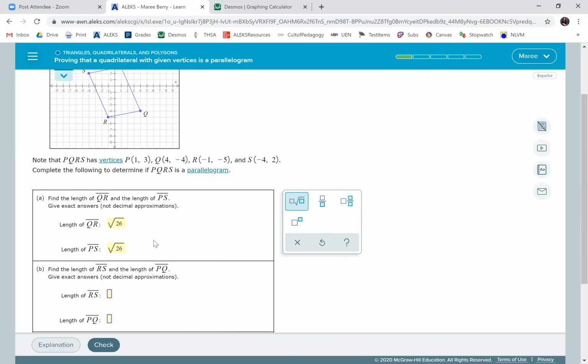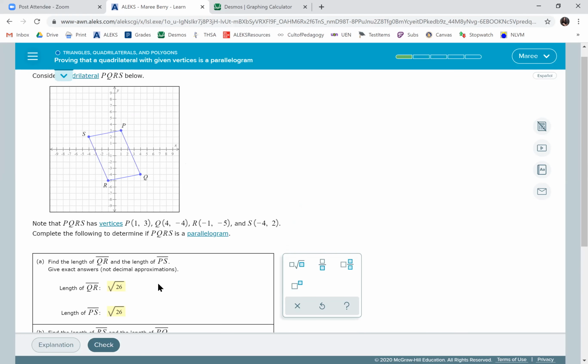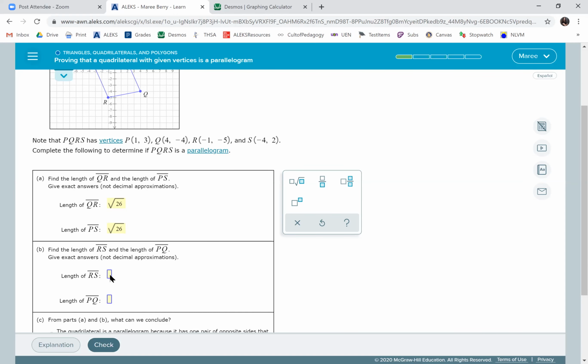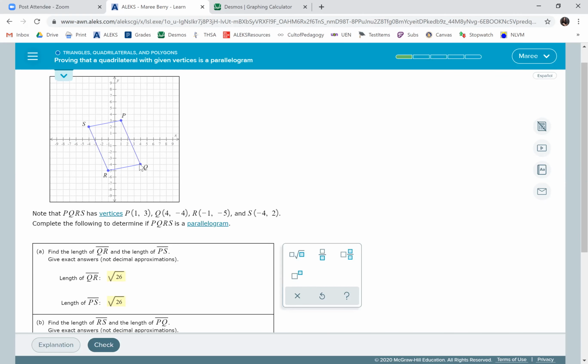Then we have to find the length of RS and PQ. So RS is 1, 2, 3, 4, 5, 6, 7. So 49 plus 9 is 58. So square root of 58. And then PQ, let me just look at the points.